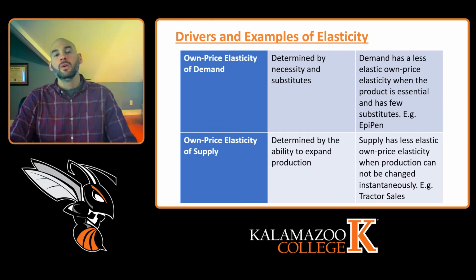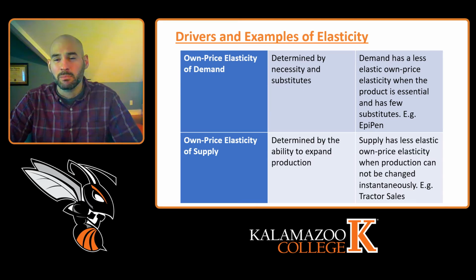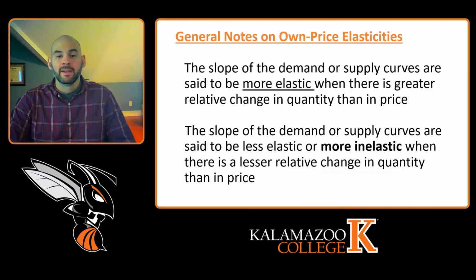And so we saw a large amount of storage of oil back in the early part of 2020. I'm not sure if that's the best example of a good for which there is a highly elastic own price elasticity of supply, but it's just another example here to think about how responsive the quantity supplied is to a change in the price of that good.